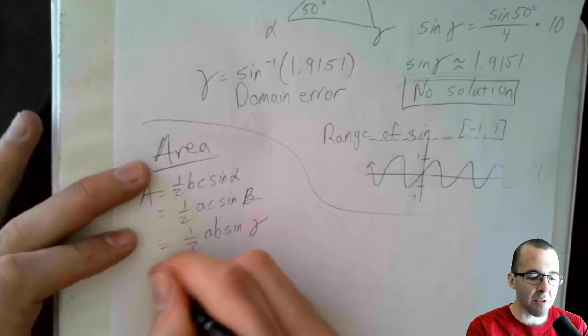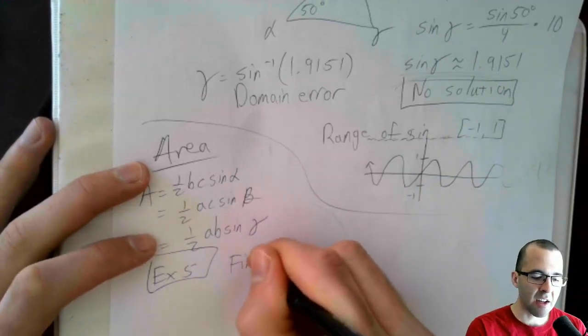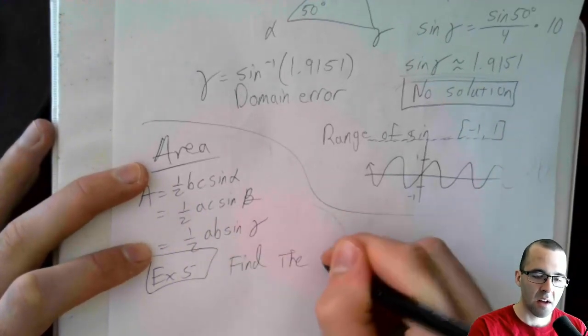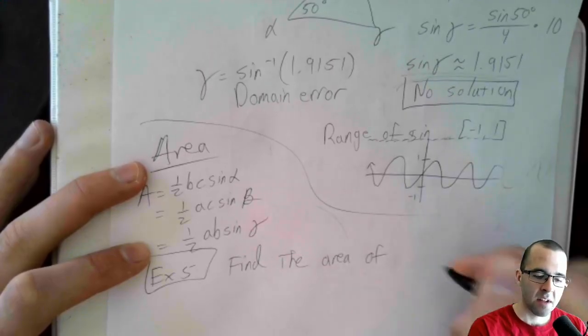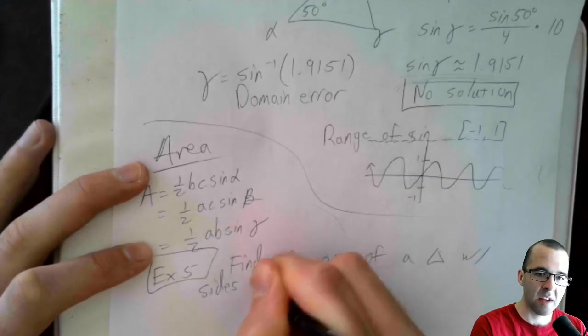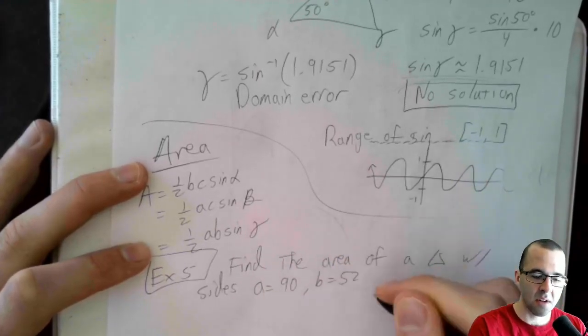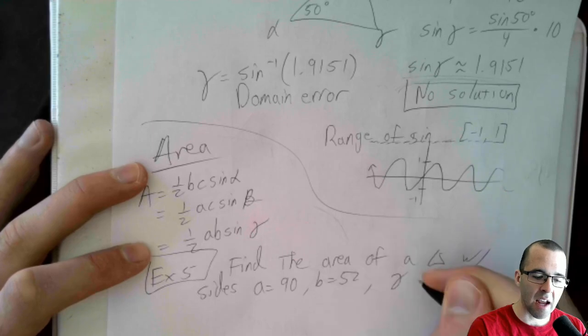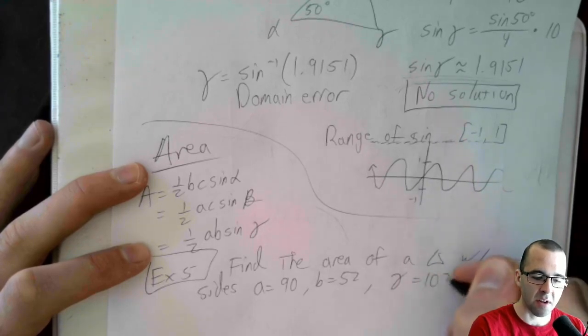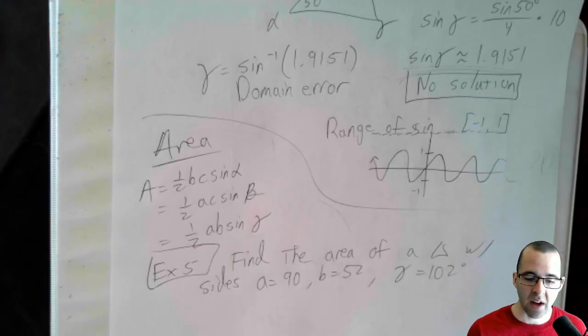So for example 5, we don't even need to draw a picture. Find the area of a triangle with sides A equals 90, B equals 52, and angle gamma equals 102 degrees. If you want to draw a triangle, go for it. If you don't want to use the law of sines at all, that's fine too.